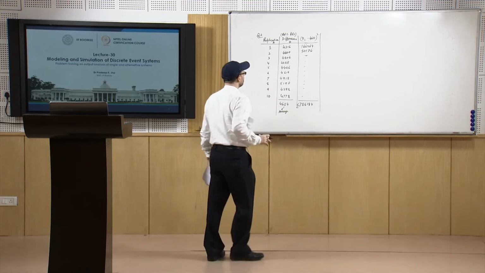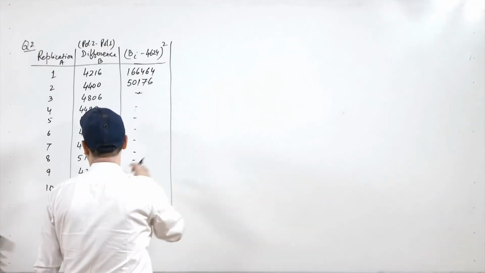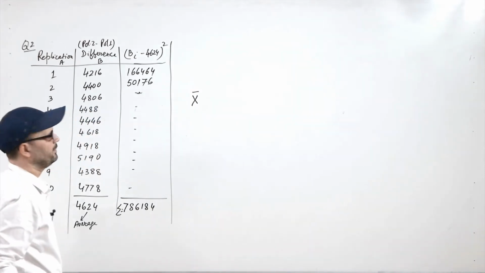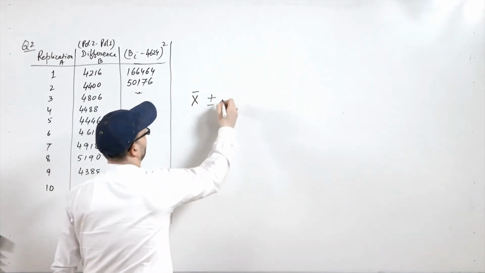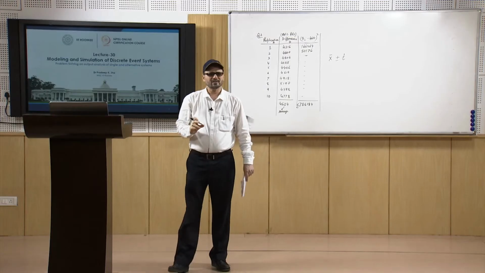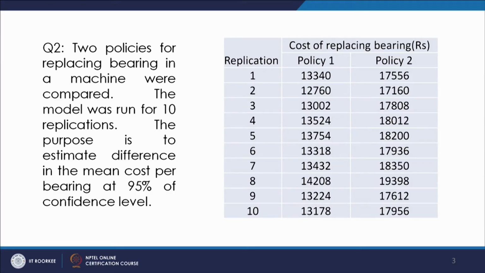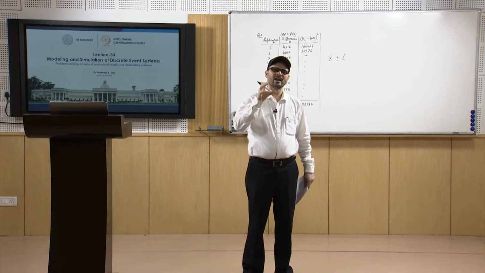Now we find the confidence interval. The confidence interval will be x prime plus minus t with n minus 1 and 1 minus alpha by 2. Here the confidence level is 95%, so 1 minus alpha is 0.95, and alpha is 0.05.